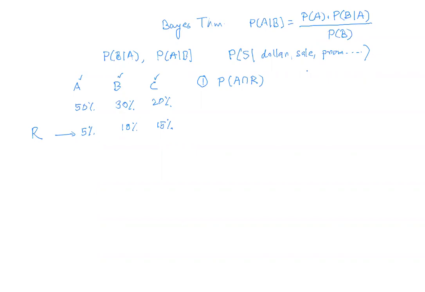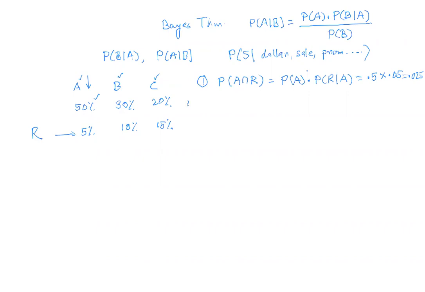So there's going to be probability of staying at hotel A times the probability of having reservation problem given that the person stays at hotel A. Probability of staying at hotel A is 50% times the probability of having reservation problem given that the person stays at hotel A, which means you are restricted to column A. In that case, the probability of having problems with reservation is 0.05, that is going to give you 0.025 or 2.5% chance.